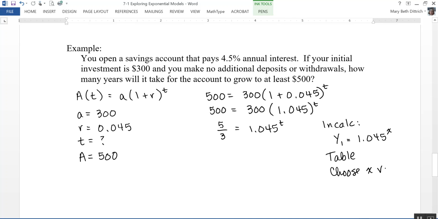So choose x values until y is approximately equal to 5/3, which is approximately 1.67. Okay, so you're going to choose some x values and wait until you see a y value that's close to about 1.67. I did that and I got that t was approximately equal to 12, or in this case it's going to be 12 years.